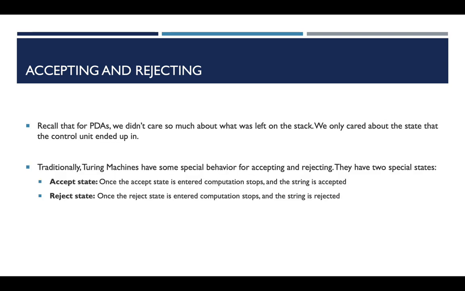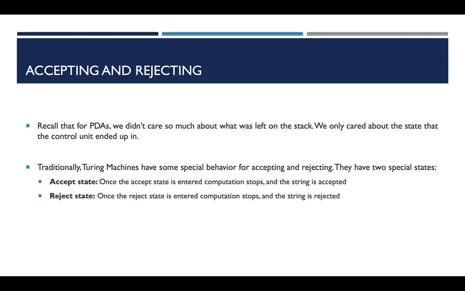The same is true for Turing machines, except Turing machines typically also have special behavior for accepting and rejecting. It turns out that these assumptions don't necessarily affect the power of Turing machines. They basically just make things easier to algorithmically represent. So we can assume that all Turing machines we're going to be talking about have 2 special states.